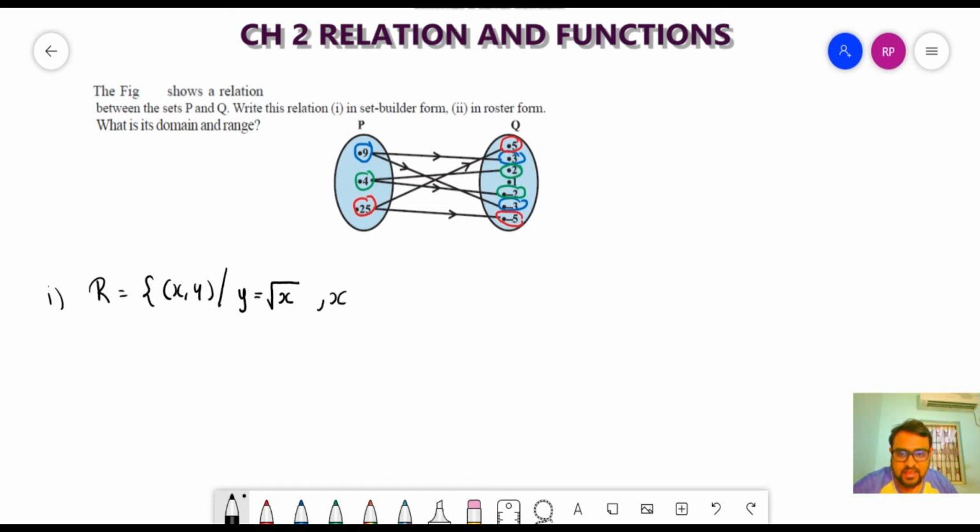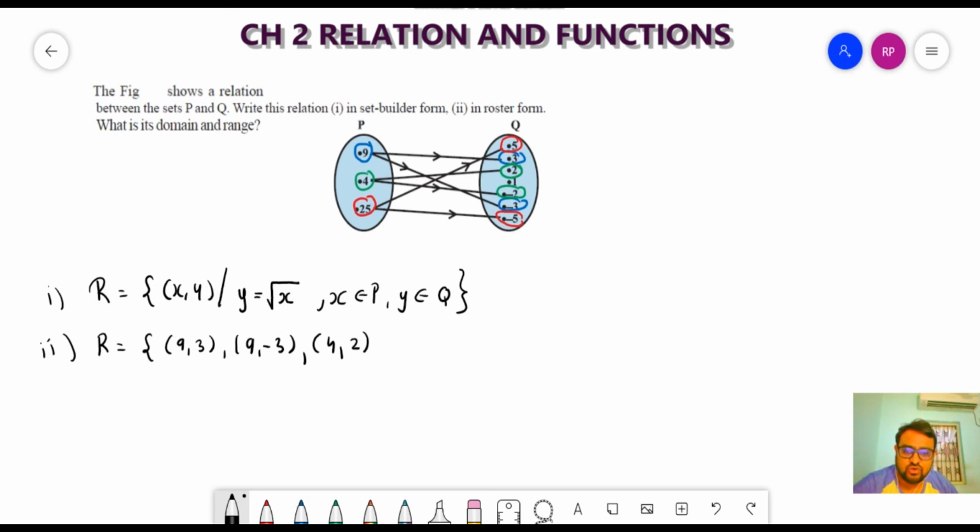And x belongs to P, y belongs to Q. Clear? So this is the set builder form. Second, in roster form, that means R is equal to {(9, 3), (9, -3), (4, 2), (4, -2), (25, 5), (25, -5)}.